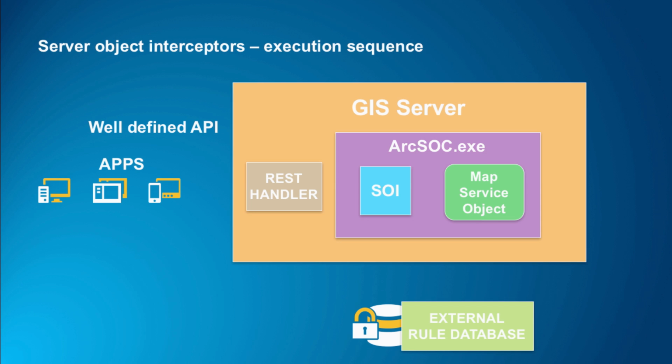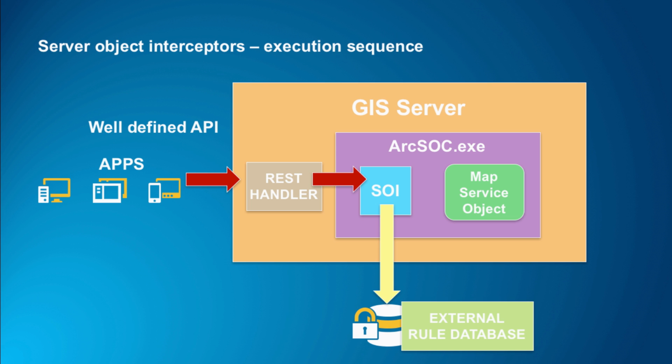I don't want to code all of it in my SOI. I want an external system where I can look up a rule and apply it as needed. So when requests are made by the apps, they are first intercepted by the REST handlers, and the corresponding REST handler will route it to an appropriate ArcSOC process to handle your request.